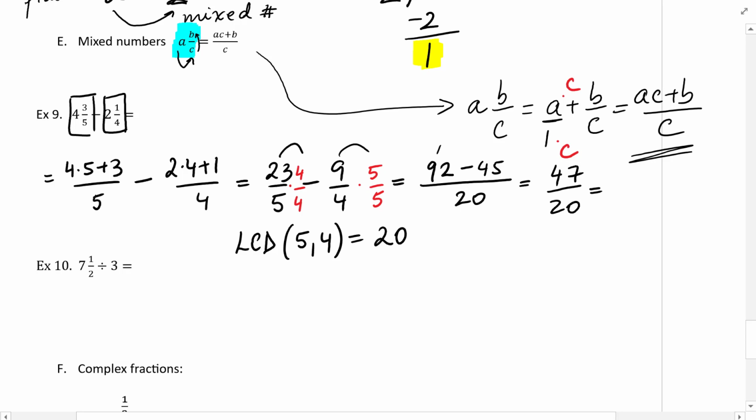So 47 divided by 20, well, 20 goes into 47 two times, right? 2 times 20 is 40, and there is a 7 left. So 2 and 7 over 20 is the final answer. Because we start with mixed numbers, our final answer should be a mixed number.